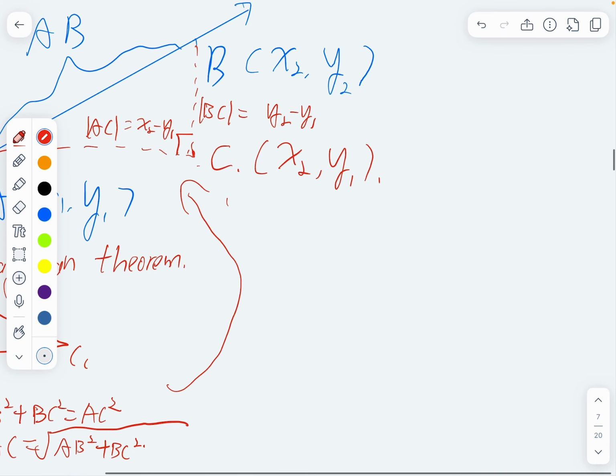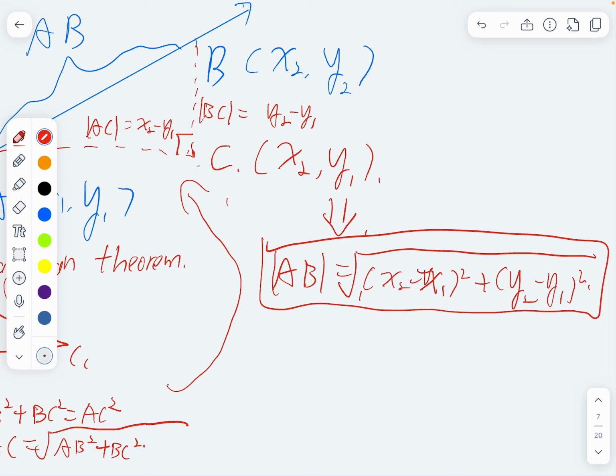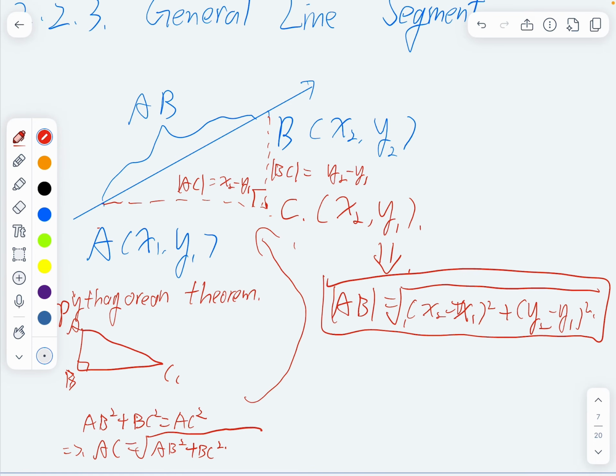Okay, so now we can solve: AB equals the square root of (x2 minus x1) squared plus (y2 minus y1) squared. So that's the general formula.